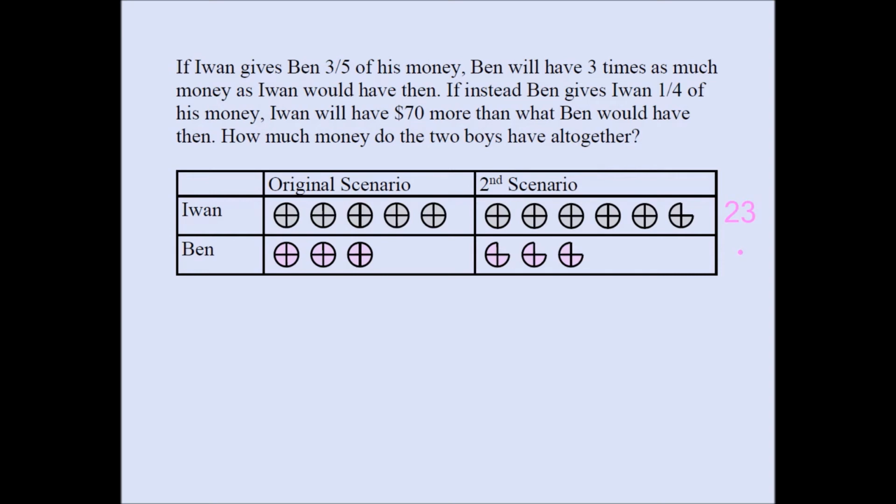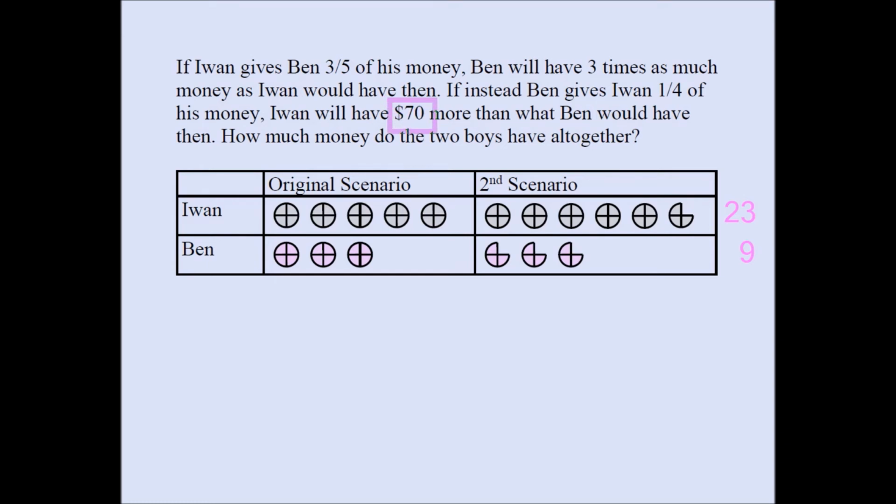And Ben has 9 quarter circles. Clearly, Ivan has 14 additional quarter circles compared to Ben. According to the question, these 14 quarter circles should represent the $70.